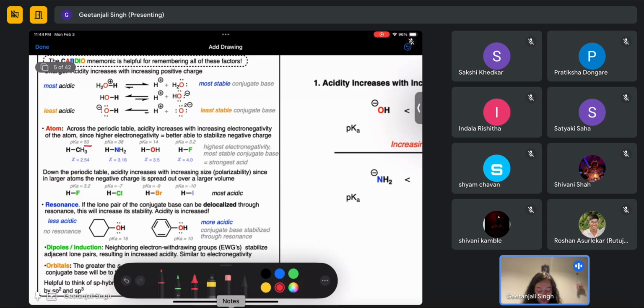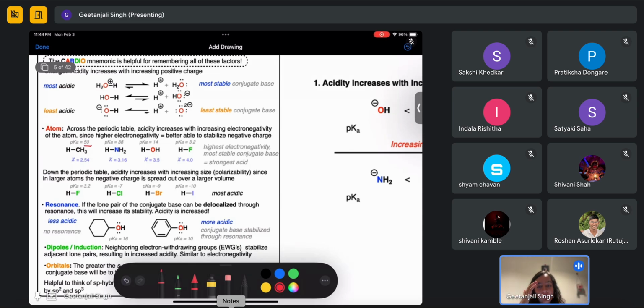While moving down the periodic table, we see the size of the elements increase because of the addition of different shells. That basically makes it easy for the atom to polarize.